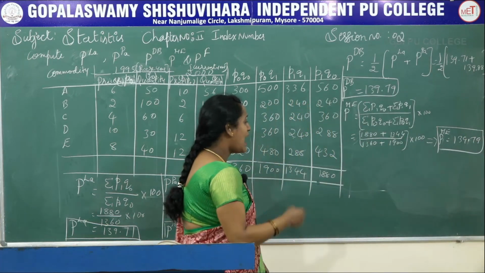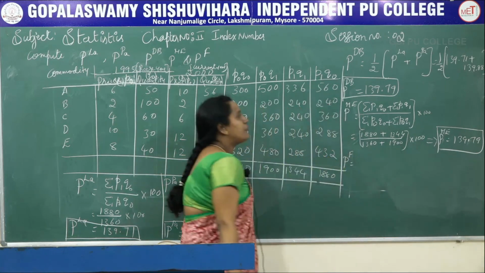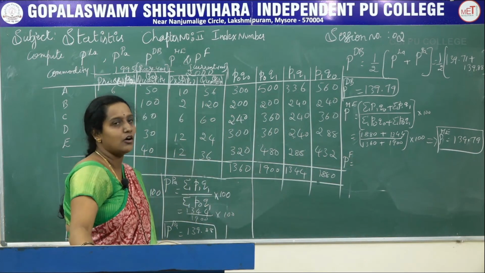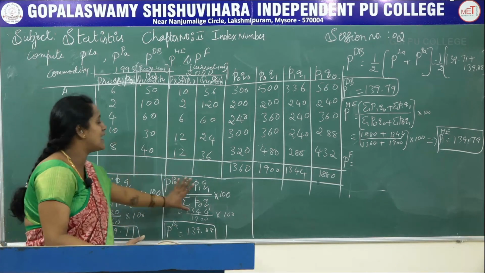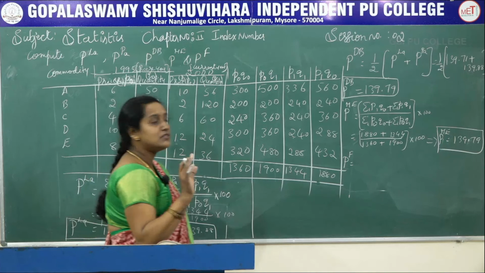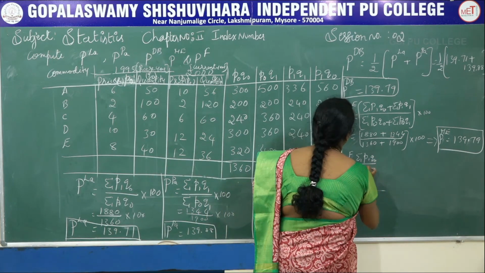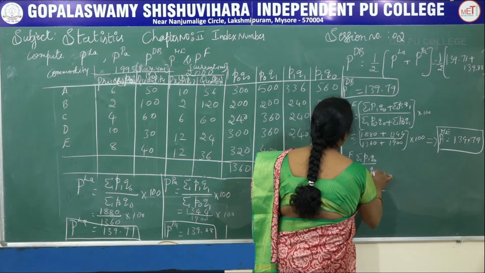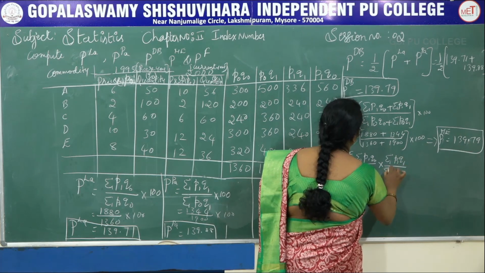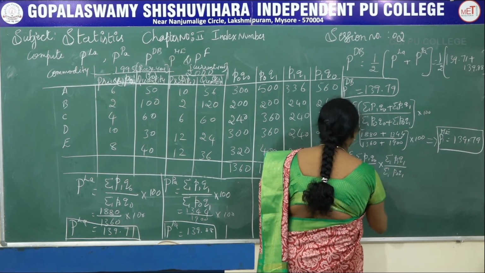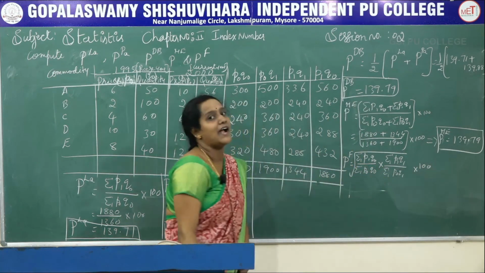And the last formula is Fisher's. To write Fisher's formula, we will take the product of Laspeyres and Paasche along with the square root. That is summation of P1 Q0 divided by summation of P0 Q0, into summation of P1 Q1 by summation of P0 Q1. Take the square root, then at last multiply by 100.